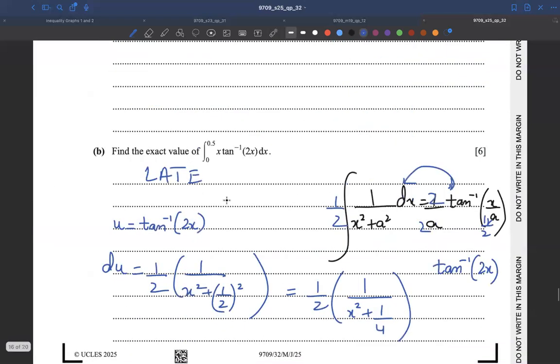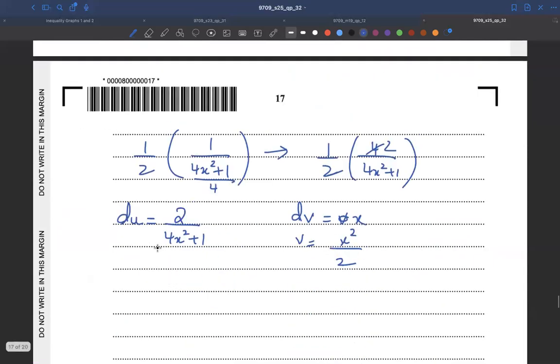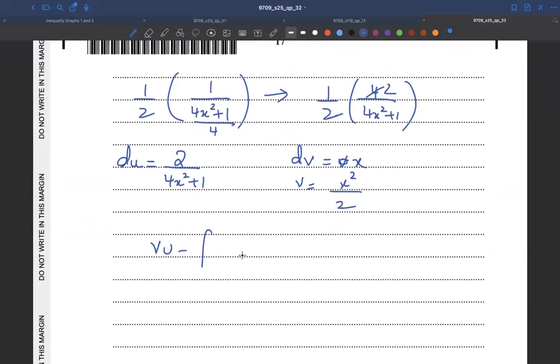And dv was taken as x, so v would be x squared upon 2. Now applying integration by parts, the formula is uv minus the integral of v du.